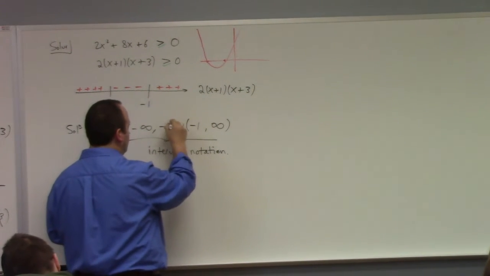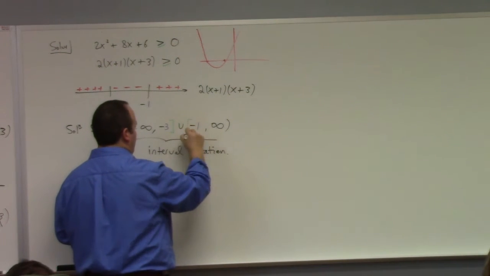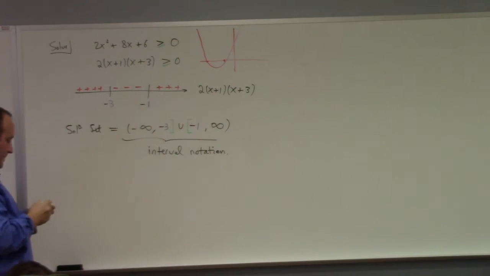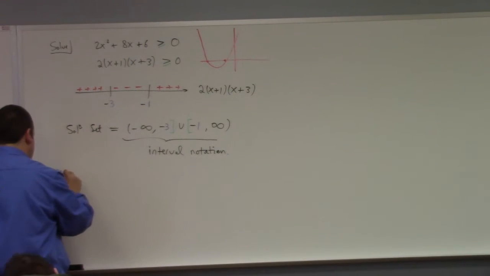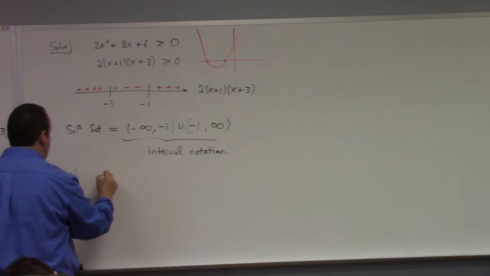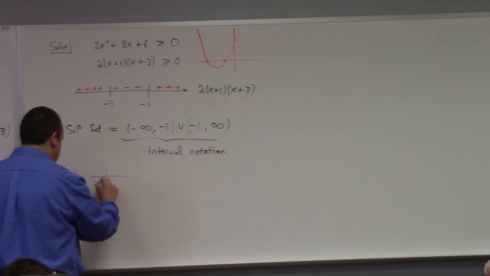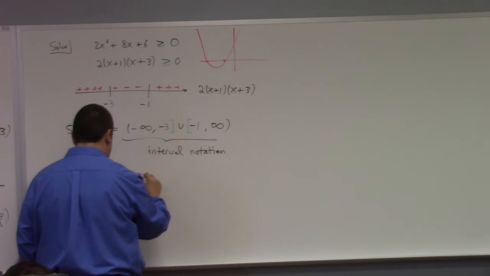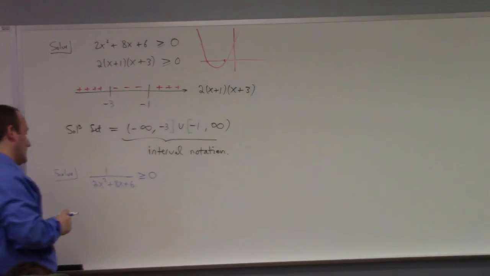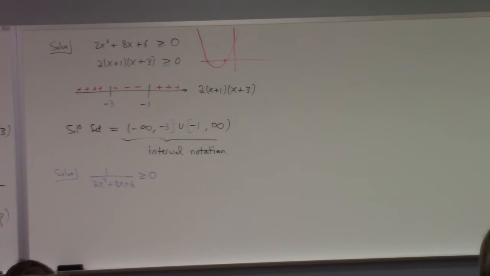We have to include, which we use square bracket to include, right? A related problem: if I was to solve, let's say, 1 over 2x squared plus 8x plus 6 to be greater than or equal to 0, what would the solution there look like?